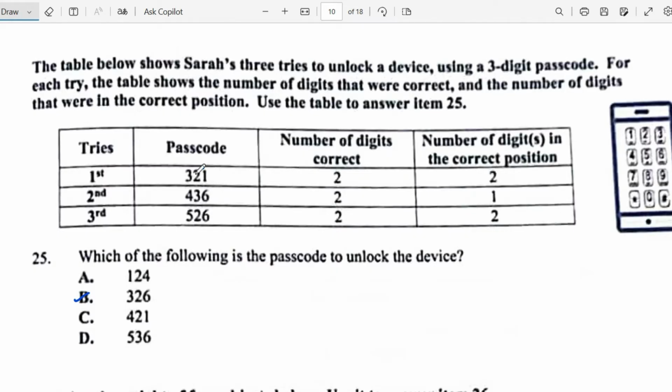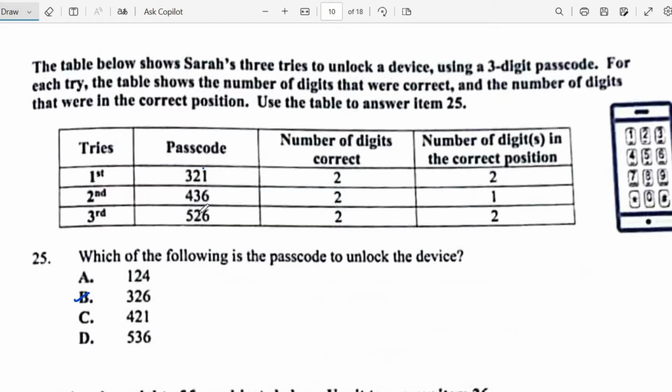So we can automatically say that 2 was in the correct place because it was there for both of the tries. And where one of them was in the correct place, we can say that 6 could be the number that's in the correct place. And the 3 here was the correct digit, just like in number 3.